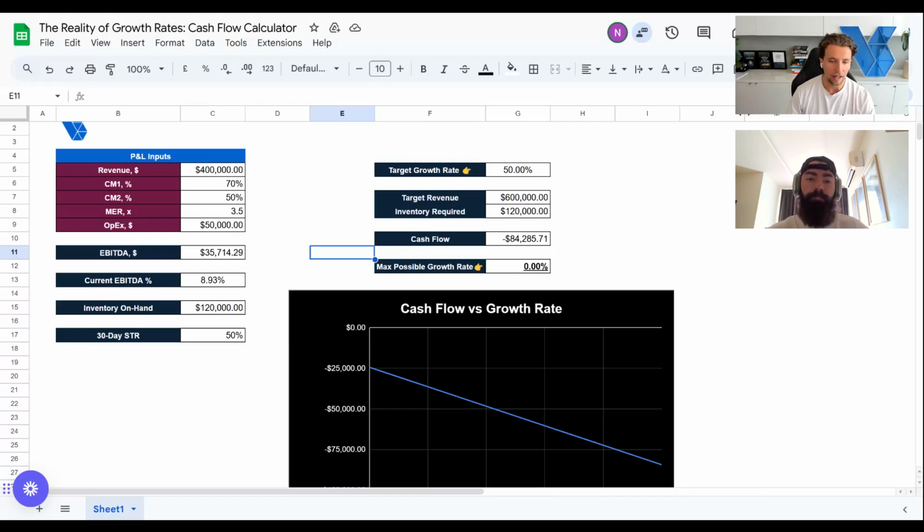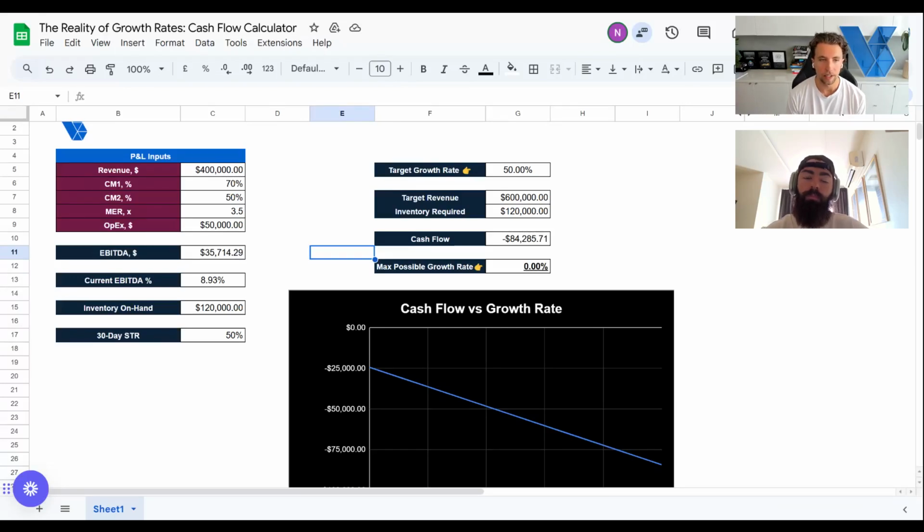That's a concept that particularly early stage 7-figure brands don't really realize when they say, hey, let's go and grow 100% this year, or let's go and grow 50% over the next 3 months. Your bank account will decrease because the cash flow currently being generated within a low margin business is not enough capital to fuel that growth rate.